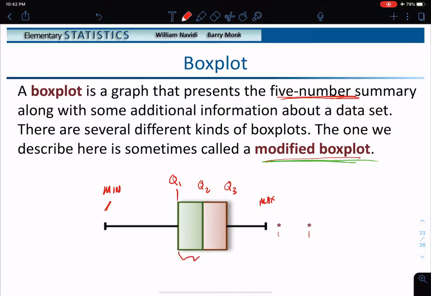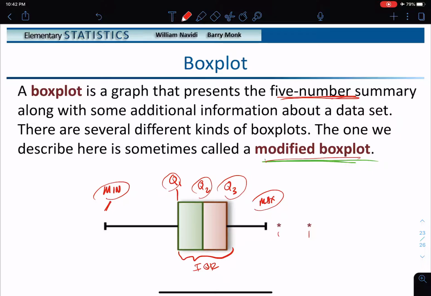So Q1 to Q3 is going to be your IQR, right? Q3 minus Q1 gives us the IQR. It's the 50% in the middle, 50% of the data pieces in the middle. So that is your 5-number summary. Was that 5? 1, 2, 3, 4, 5. 5-number summary. The IQR was thrown in for extra.